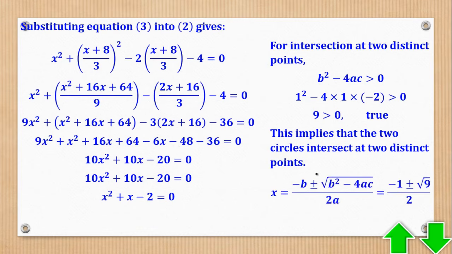They also wanted the points where it cuts. Therefore, when I solve this one by the bulldozer method, I already know that the whole of this is equal to 9. Therefore, I'll put 9 there, and then be able to come up with the values of x as x equal to negative 2 and x equal to positive 1.